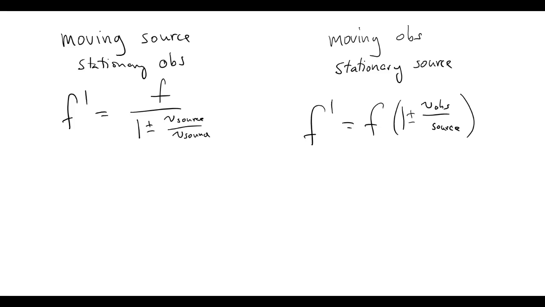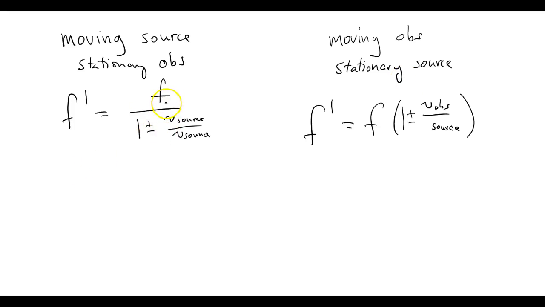Okay, and so to finalize, we have two equations. The first equation that we derived on the previous one is f prime equals the actual frequency all over this expression, and that's for a moving source when the observer is stationary. And then the other equation that we just derived is when the observer is moving and you have a stationary source. So what I'm going to do is rearrange this equation.